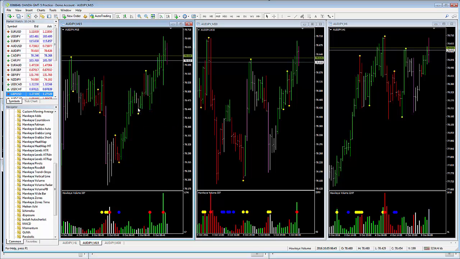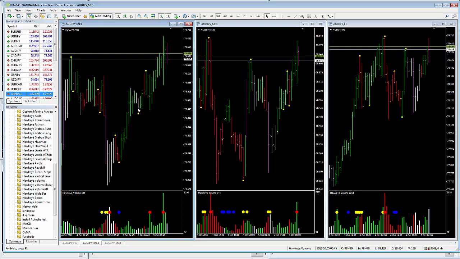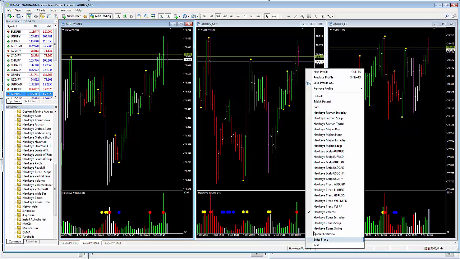David, on the trend and stops from MT4, did the stops part automate the stop process, assuming the trades are placed on MT4? It will not automate it unless you have an EA written using the tool. But no, it shows you the location.